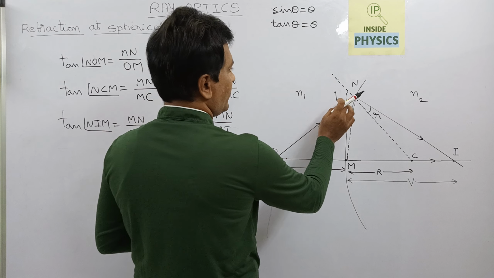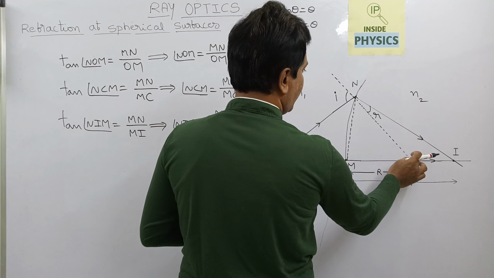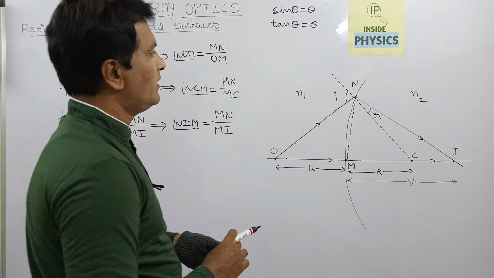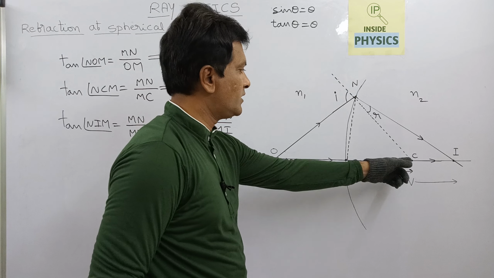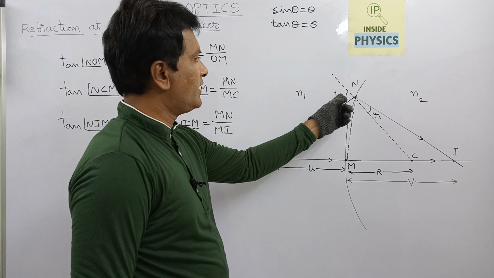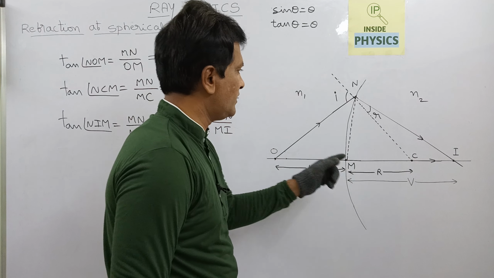We can write this angle is equal to angle NOM plus angle NCM. So angle I is equal to the sum of NOM and NCM.